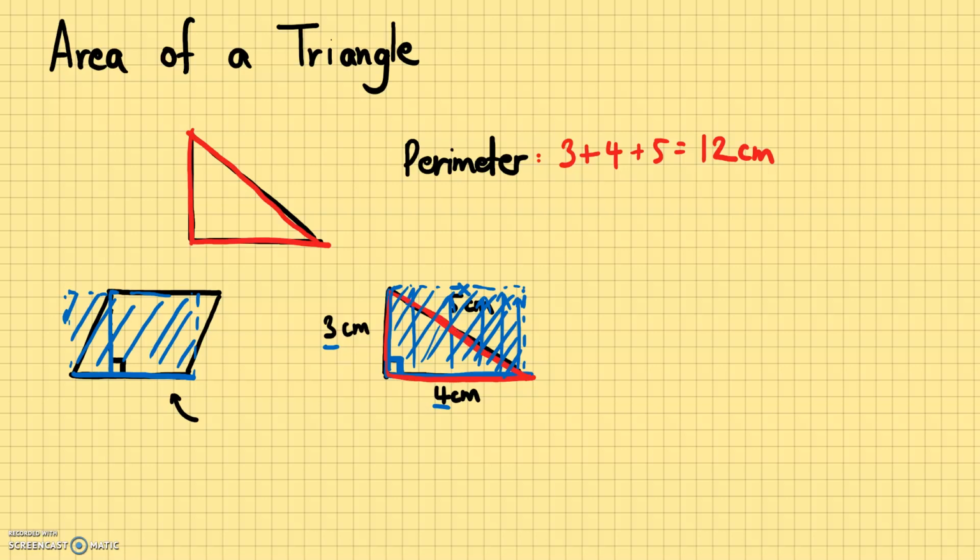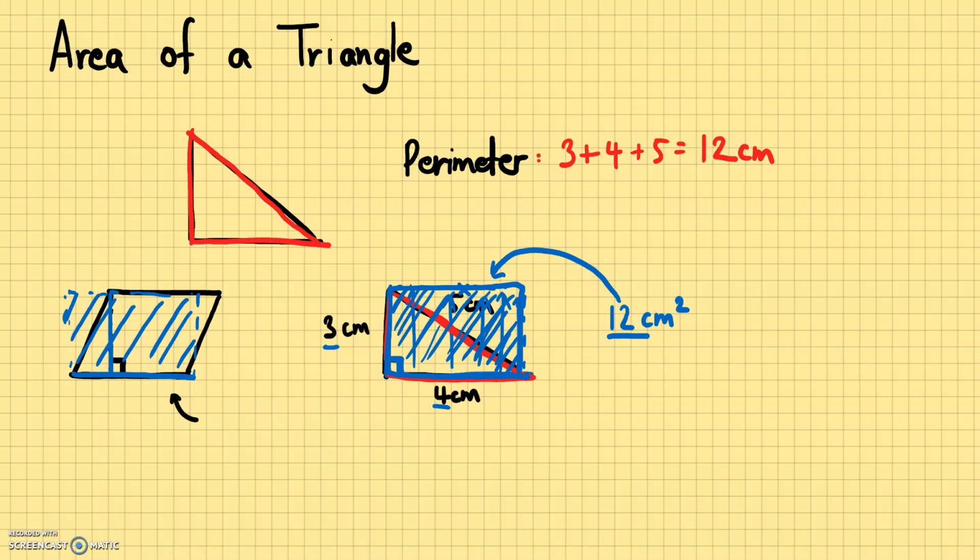So when you multiply 3 times 4 here, you get 12 centimeters squared. And this 12 centimeters is actually the area of this blue rectangle. Okay, because you've multiplied 3 times 4 to get this whole rectangle.